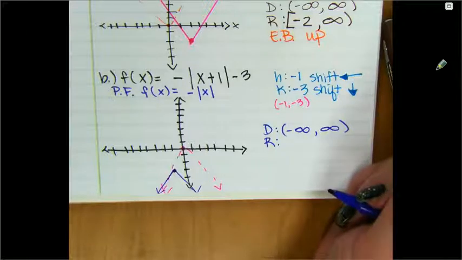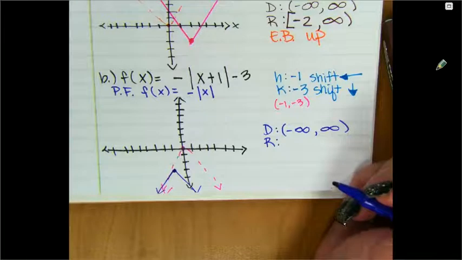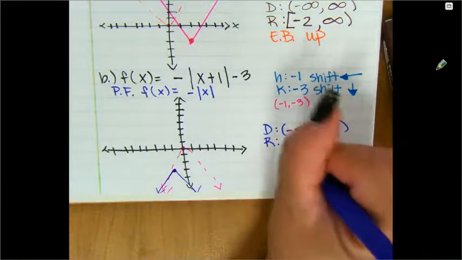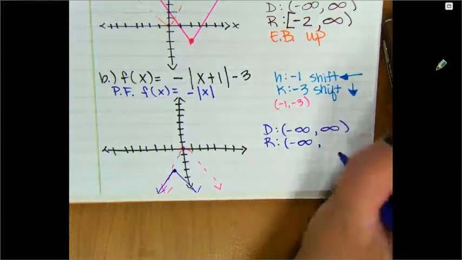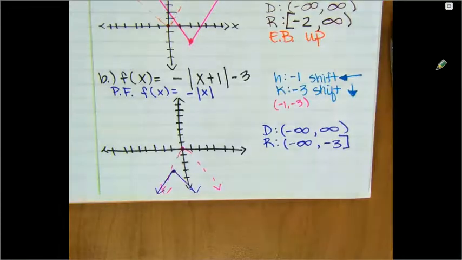Only around the number, but this one's different. Negative infinity to negative 3. And end behavior up or down? Down. Good.